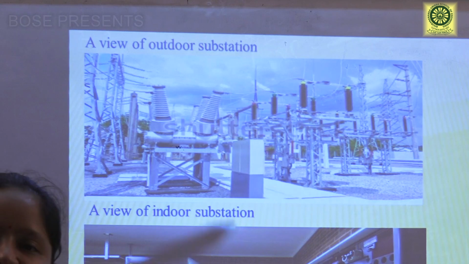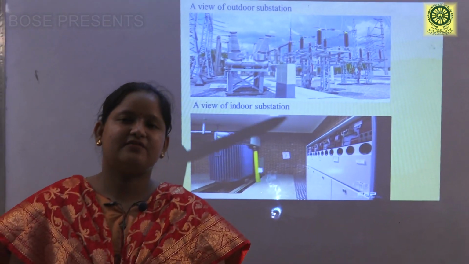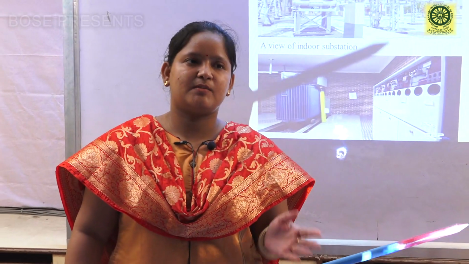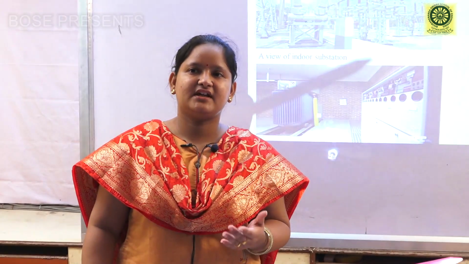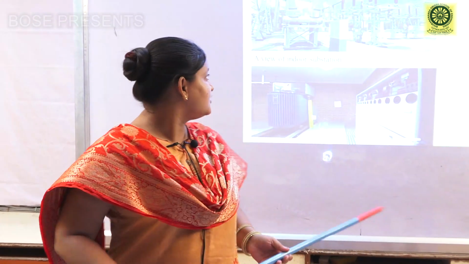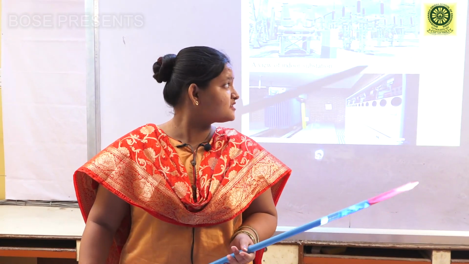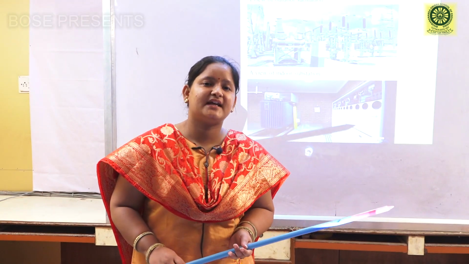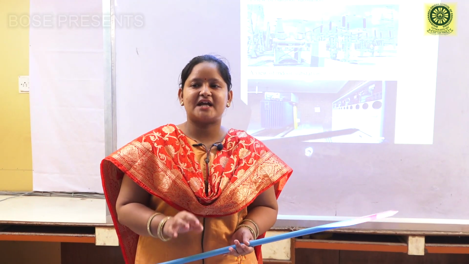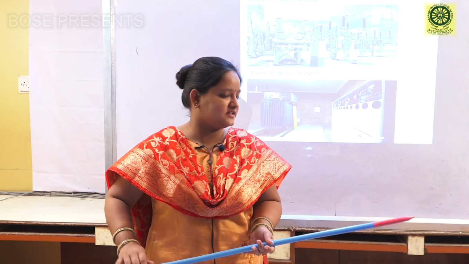Outdoor substations can be constructed for delivering about 11 kV or 33 kV or above, but for indoor substation we can transmit only 33 by 11 kV, that is 33 kV in the primary and 11 kV in the secondary.